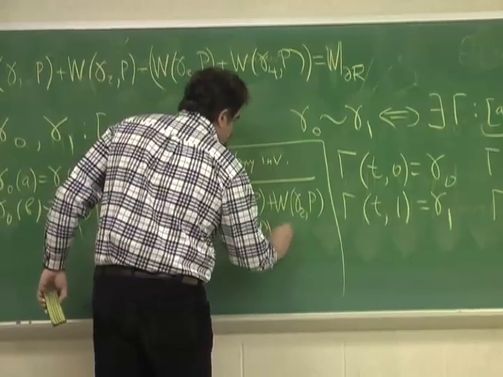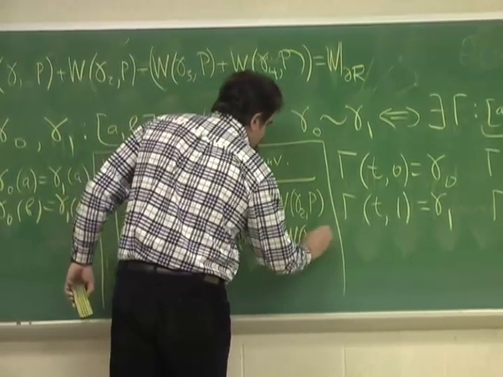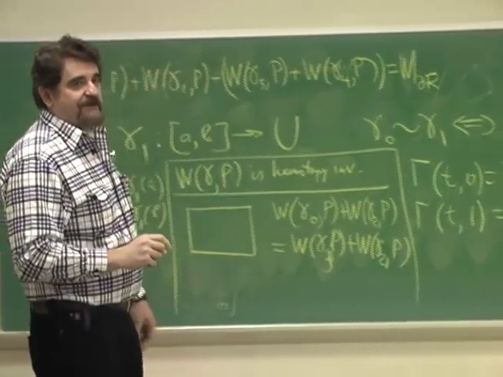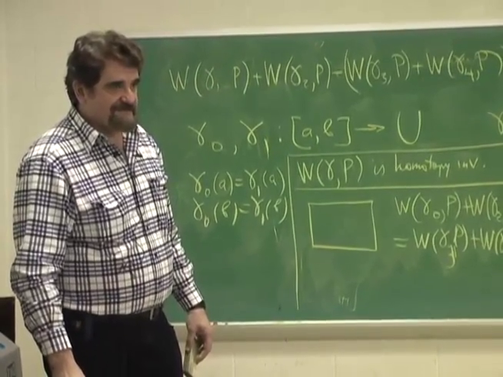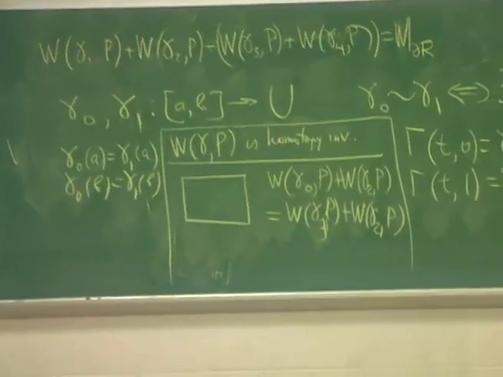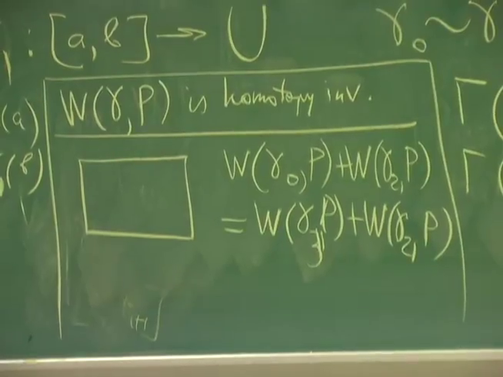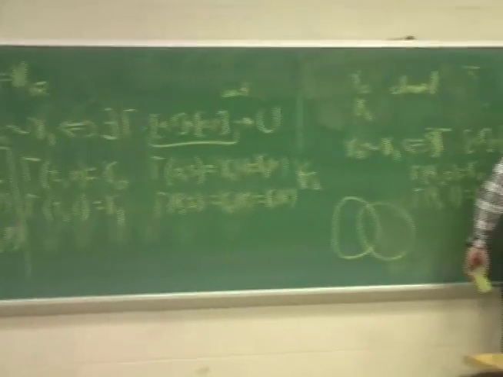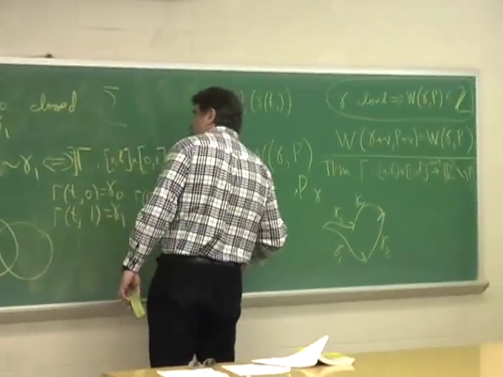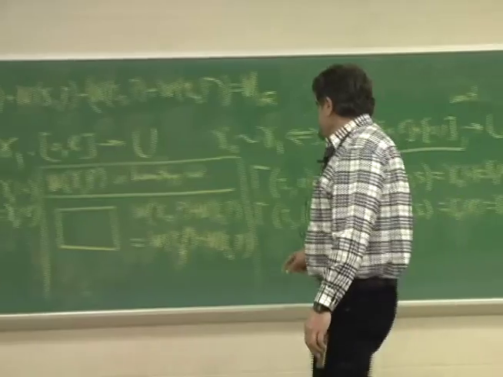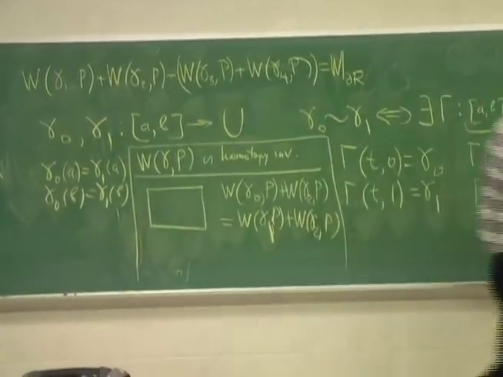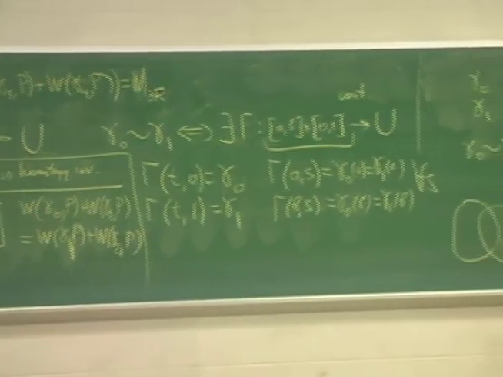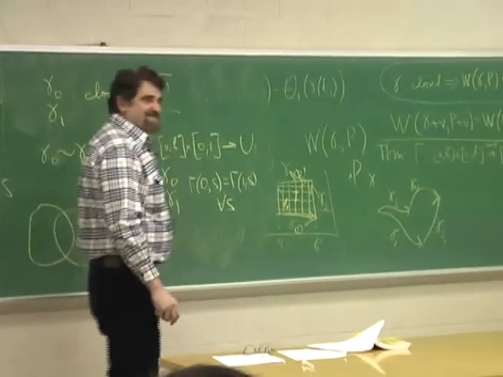Again, to keep everyone alert, I'm changing the notations. Now I call this gamma 2. Oops, I have a problem. This is gamma 1. Naught is now, this is 0, this is 1, this is 2, this is 3.